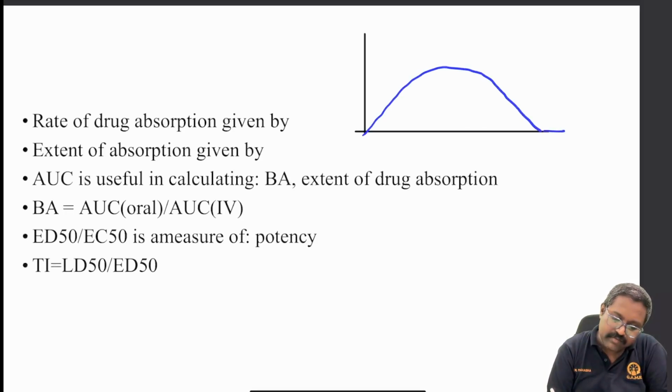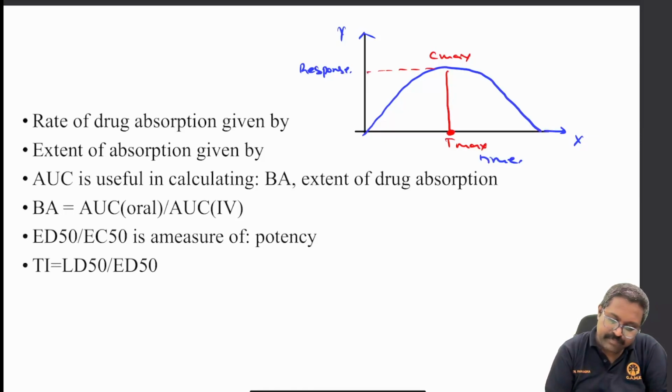This will be your response, and this will be your time, on the x-axis and the y-axis. This will represent the Cmax, and this part will represent the Tmax, whereas this area is the area under the curve.